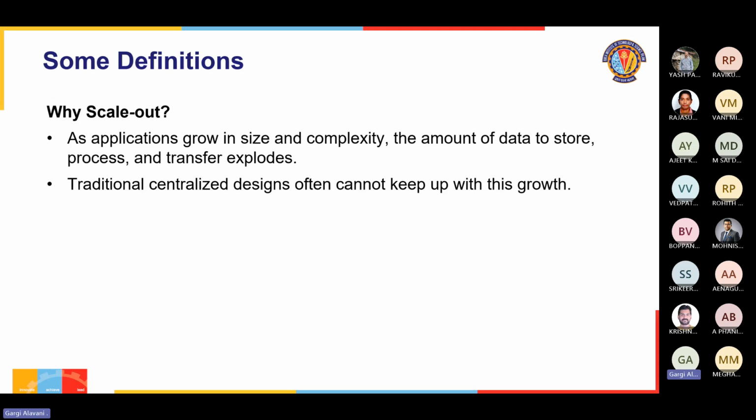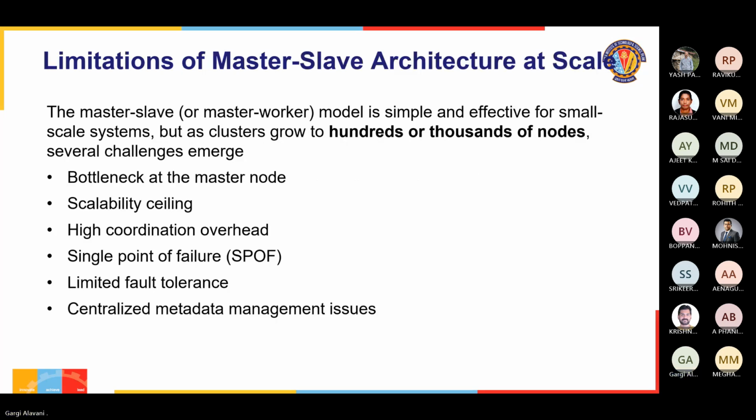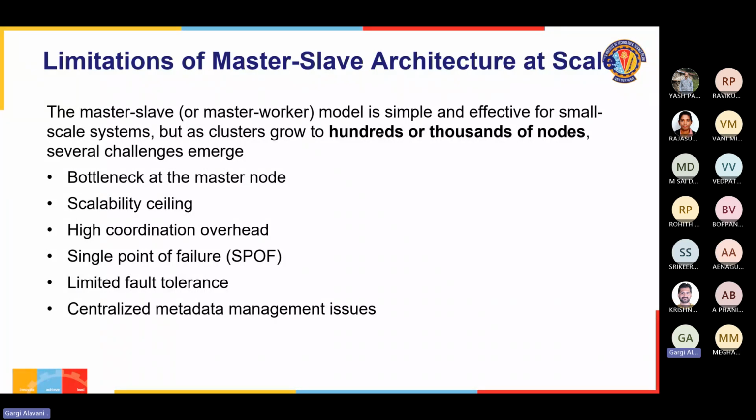So why do we need to scale out? It's because we've seen the master slave architectures in earlier classes as well. The master slave architecture is simple but effective for small scale systems. But as our cluster grows to hundreds or thousands of nodes, there can be several challenges which will emerge.